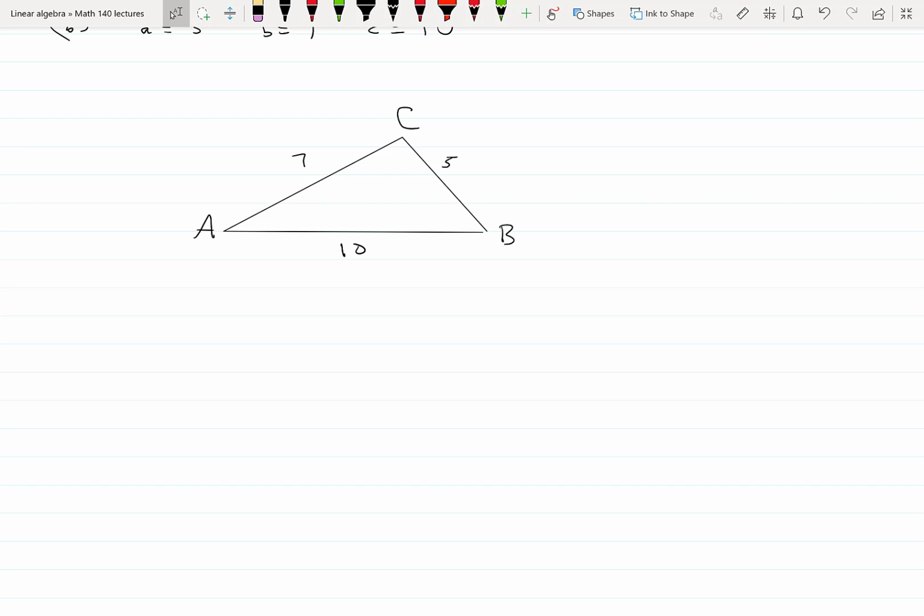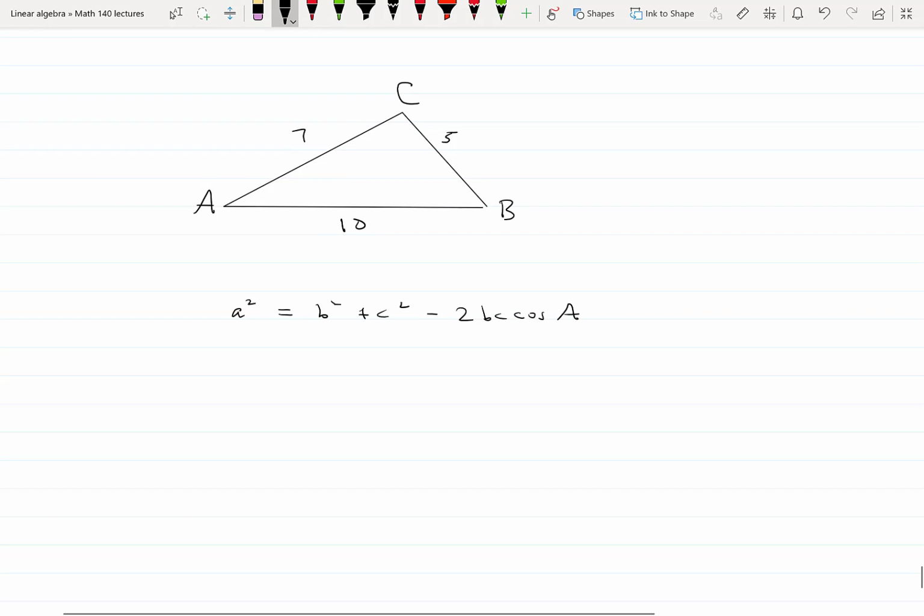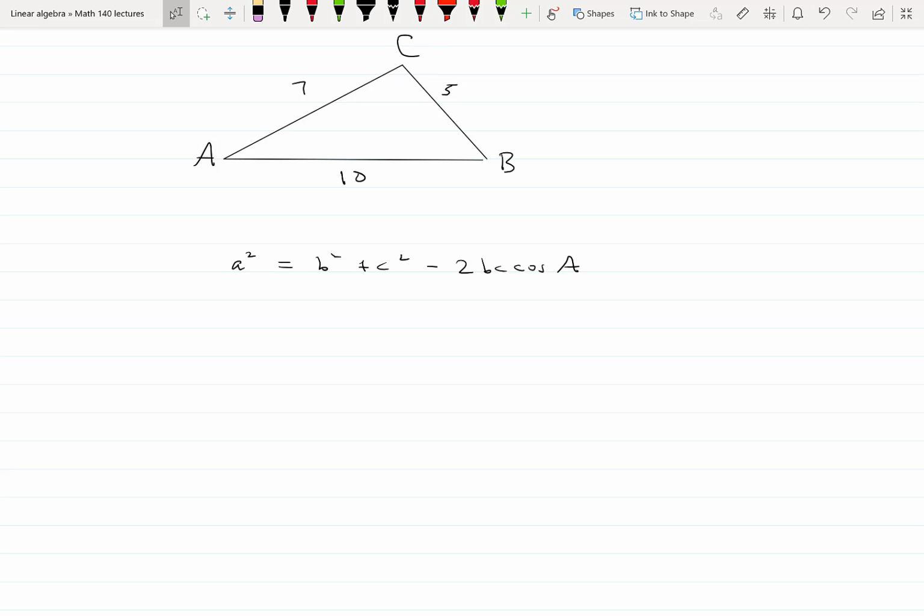I'm going to find A and B using the law of cosines. So I'm going to start out with the form of the law of cosines that starts with a squared. A squared equals b squared plus c squared minus 2bc times cosine of A. I'm going to solve that formula for A. Some of my students over the years have told me that they just memorize the formulas for the angles A, B, and C. For me, it's so simple just to derive them every time I need them.